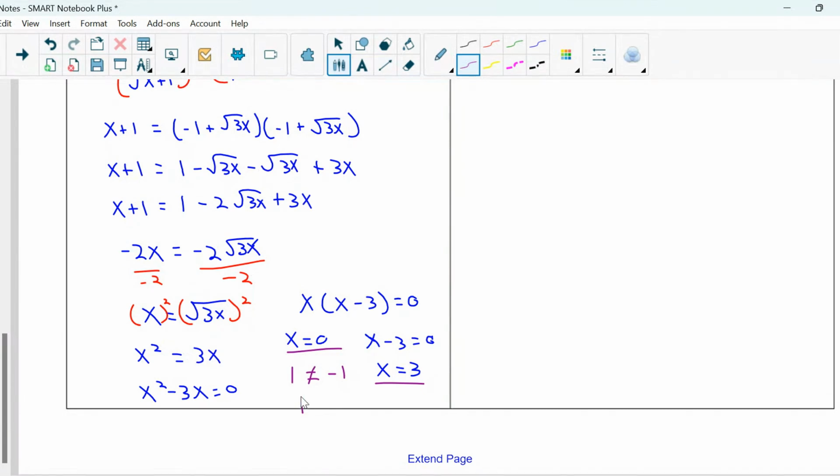This is not a true statement, so no, x equals 0 is not a solution. If I was to substitute x equals 3 into my equation, I would get negative 1 is equal to negative 1. So yes, x equals 3 will be a solution to my equation.